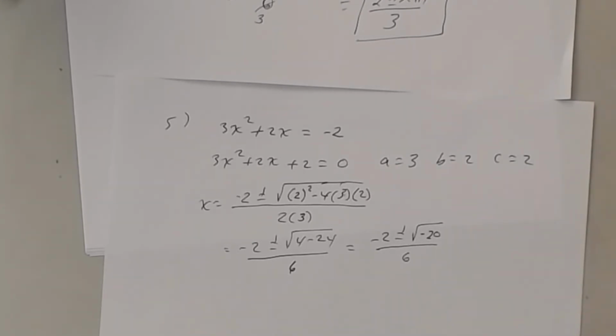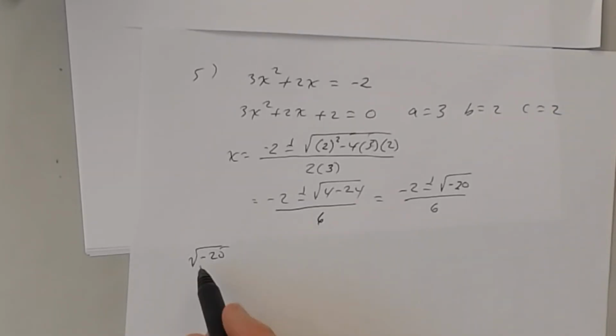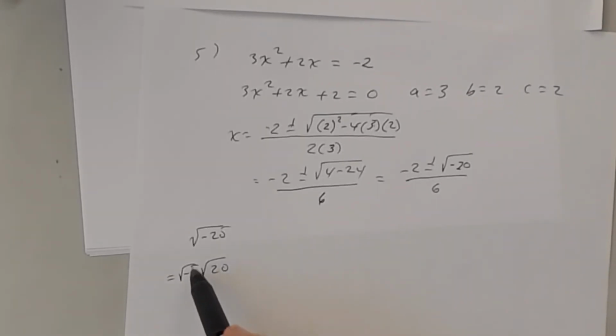All right. If you stop there, you don't get your full credit either, because what else do you know you can do? You can simplify the square root of negative 20. So if I go off to the side and look at the square root of negative 20, I know I can rewrite it as the square root of negative 1 times the square root of 20. And I know the square root of negative 1 is i, by definition. And I also know, what perfect square goes into 20? 4, so that's 4 times 5.